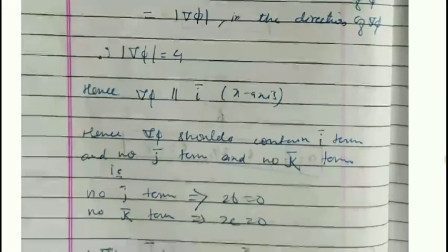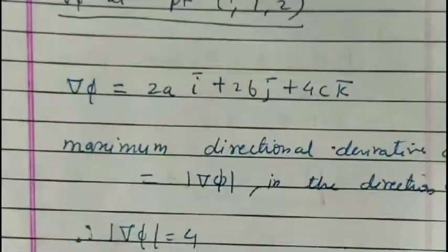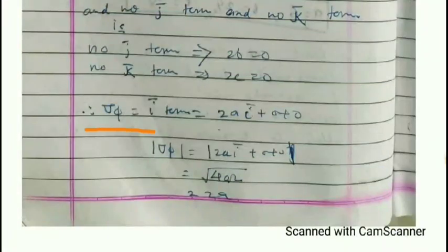Parallel to i means del phi should contain the i term, no j term and no k term. That means 2b is 0 and 4c is 0, only 2a is present. So del phi is 2a i plus 0 plus 0.